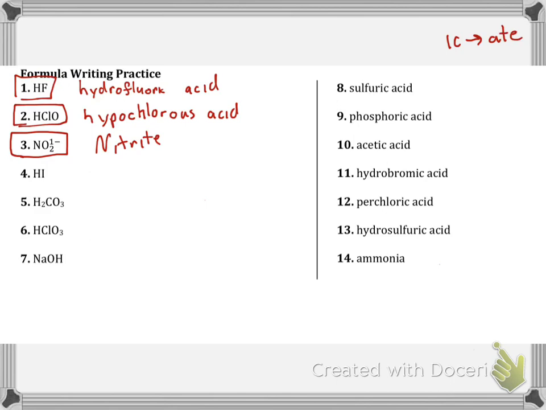So that means it has sulfate in there, which is SO4 2-. Now, because it's an acid, it's going to have some hydrogens with it. However, it's not just going to have one hydrogen, because it has a 2- charge, so that means it's going to have 2 hydrogens with it, because each hydrogen is 1+.